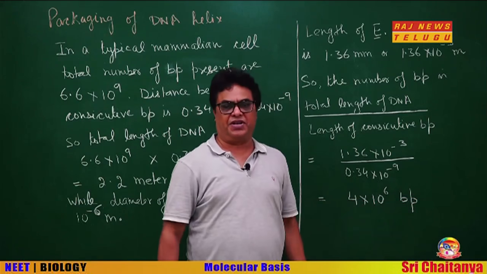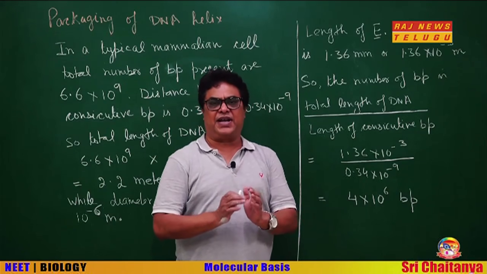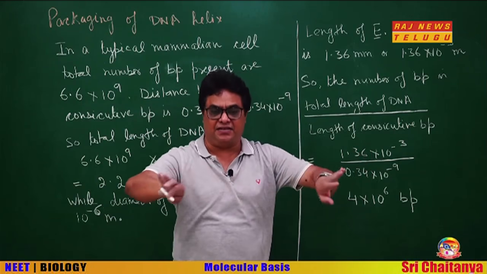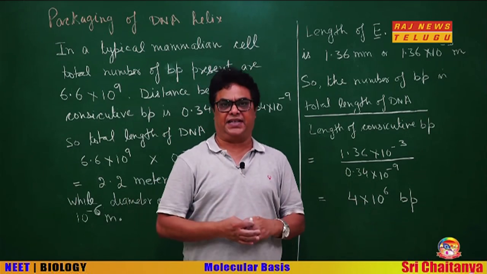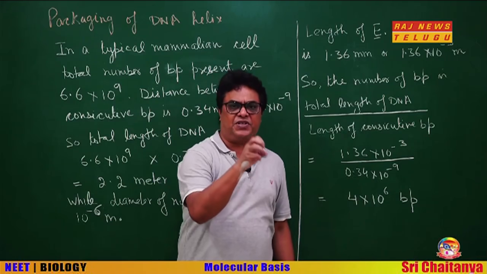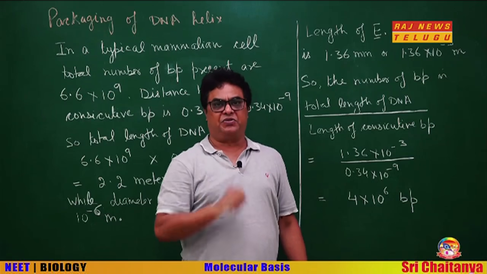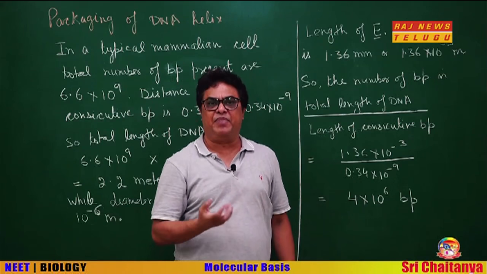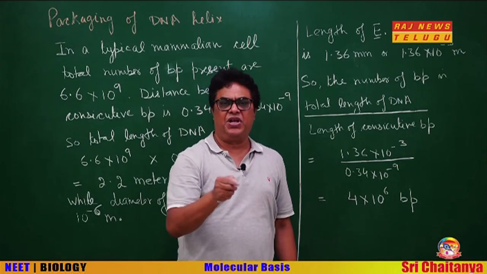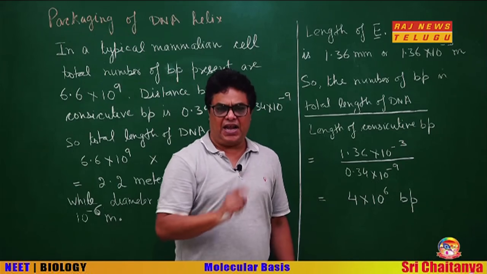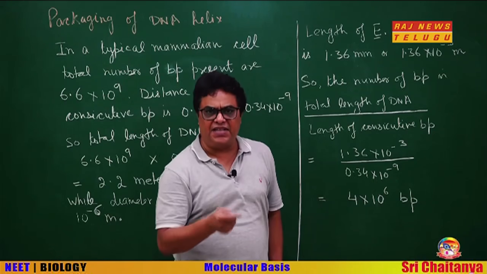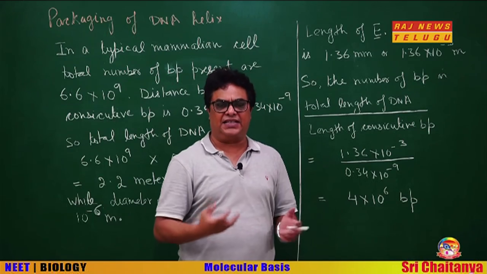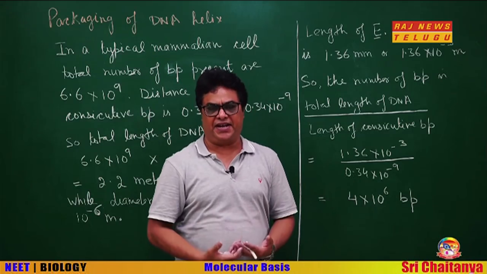But here also, children, although bacteria do not have a true nucleus, it does not mean that this DNA is scattered throughout the bacterial cell. This DNA is confined to a specific region called the nucleoid, and it is packaged with the help of certain basic proteins that form loop-like structures. These proteins have a positive charge while DNA has a negative charge. As a result, they are held with the DNA.